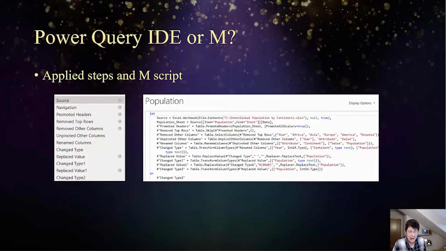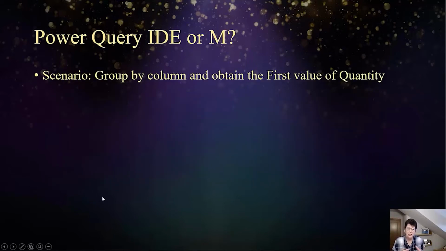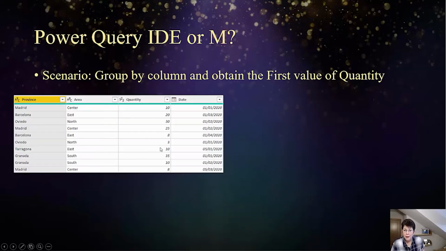Power Query is amazing, but there are scenarios when we need to do some coding. In this case, the requirement is to group by the column province, just one row for Madrid, one row for Barcelona, and we need to obtain the first value.